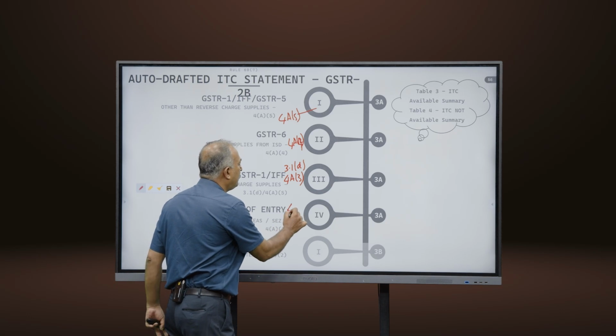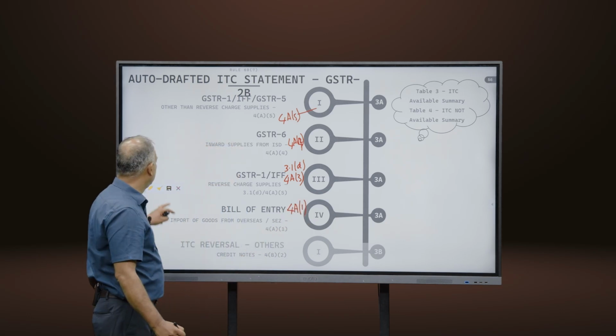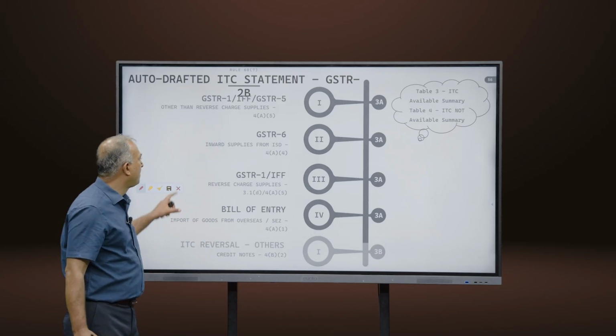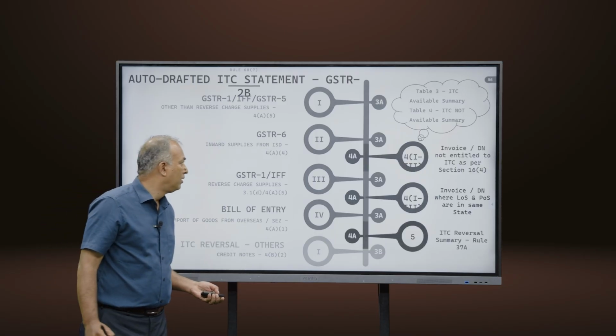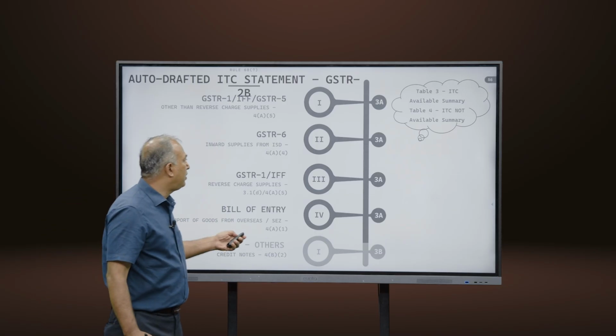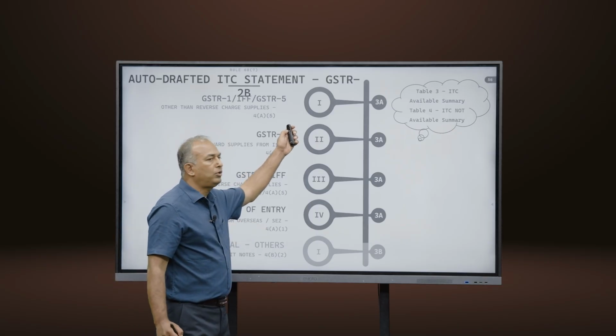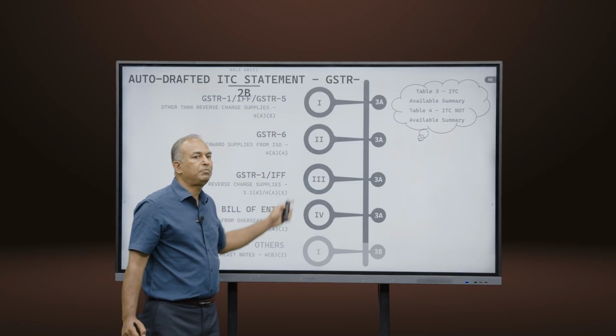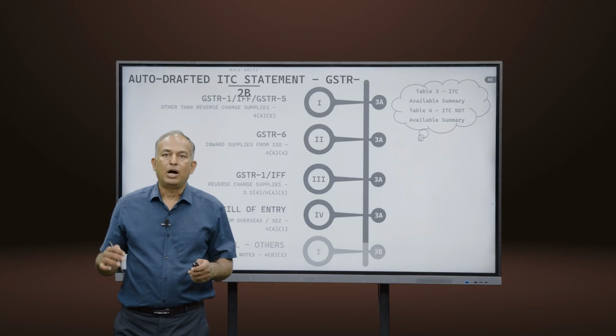This entry 3A4 auto-populates into 4A1. So this part is the input into the GSTR 2B. This is that part which pertains to available entries.